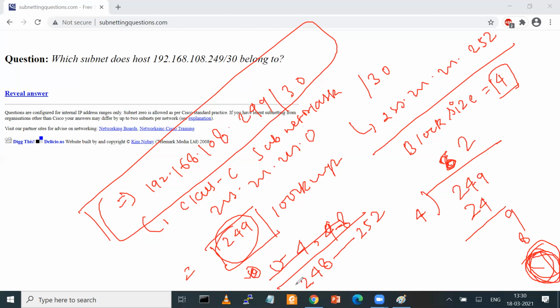If you want the previous number, you just have to subtract 4, so it's 244. So you got the block in a very simple way. Now 248, 252, so the network ID is 248.